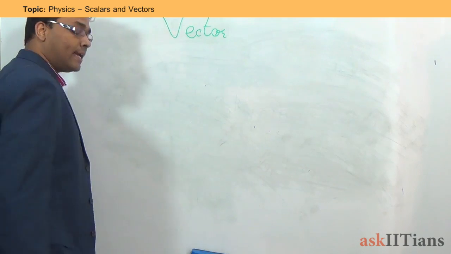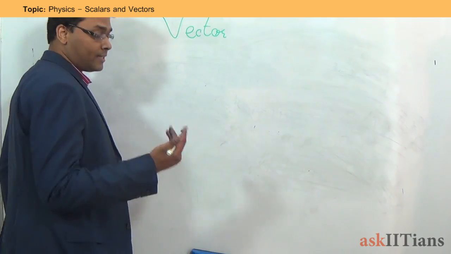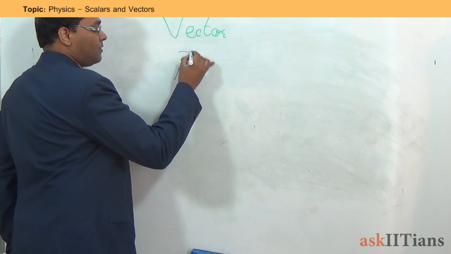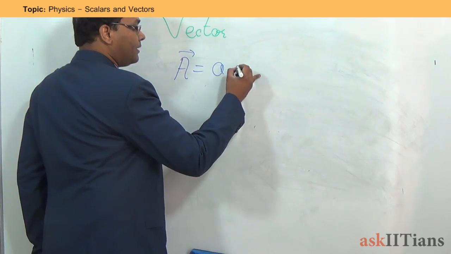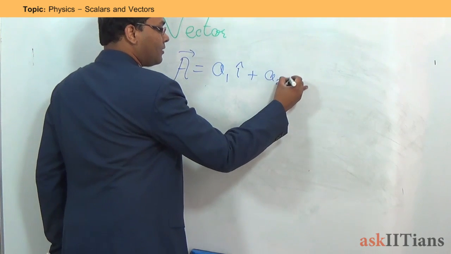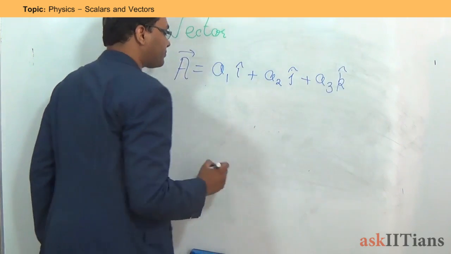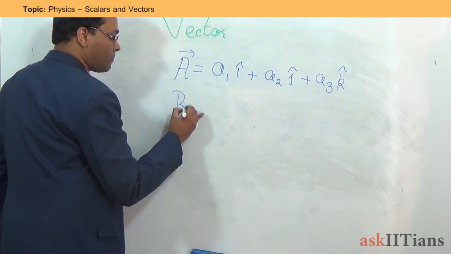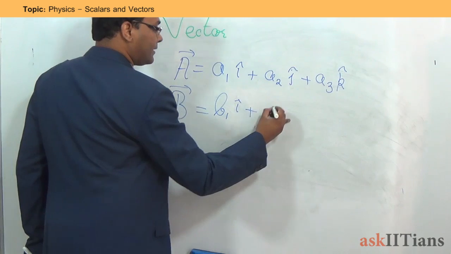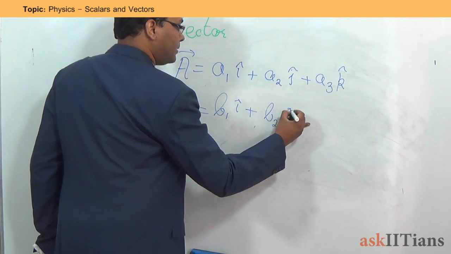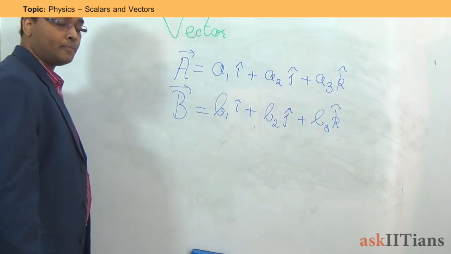Here we will be utilizing a concept known as determinants, which you study in mathematics. So if I say that the vector A is given by A1 i cap, A2 j cap, A3 k cap, and the vector B is given by B1 i cap, B2 j cap, B3 k cap, right?